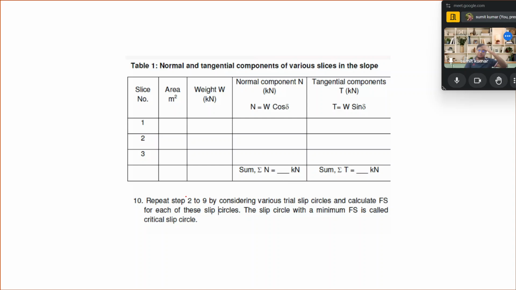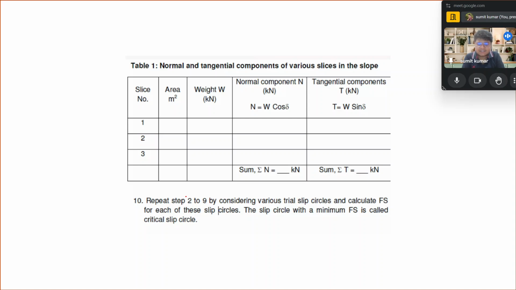and as you make the trial slip circle, you calculate the area. Afterwards, you multiply the area with the unit weight, you find the weight. Now W is known, so W cos delta and W sin delta are calculated, and their sum is taken.